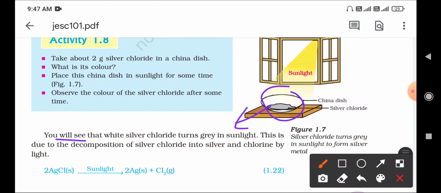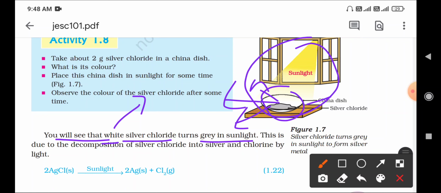So you will see that white silver chloride, what is the color of the silver chloride? Here it is white. White silver chloride turns gray in sunlight. So when silver chloride is exposed like this, the white color turns to what color? Gray color. So white turns to gray when silver chloride is exposed to sunlight.